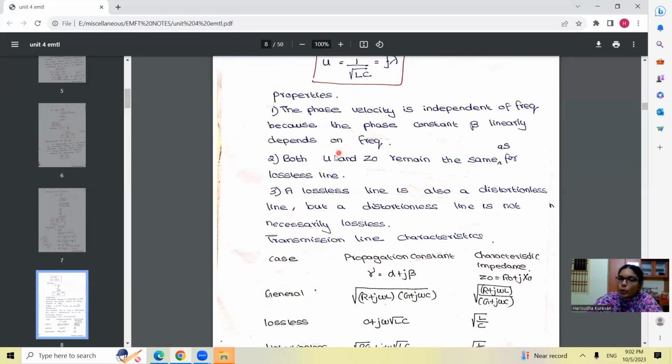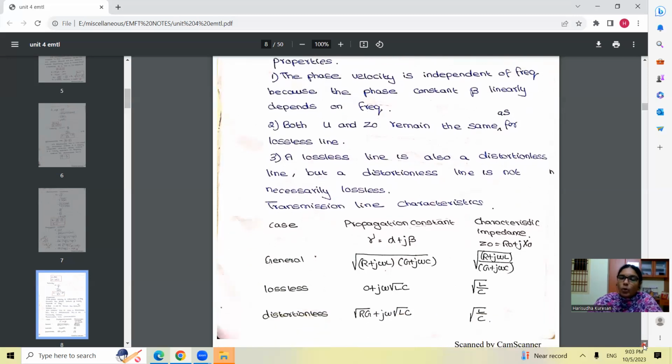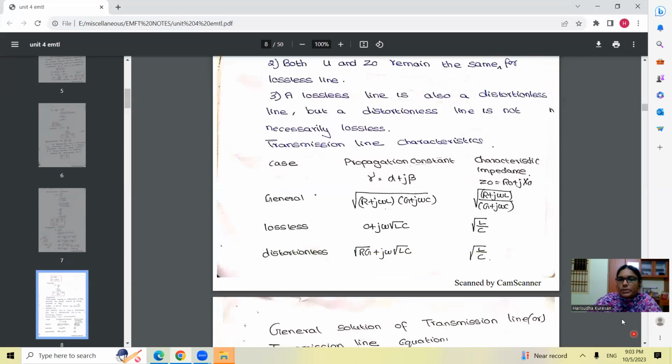And when you see both the velocity and the characteristic impedance of the lossless line and the distortionless line, both the equations will be the same. That is one of the properties. And a lossless line is also a distortionless line, but a distortionless line is not necessarily lossless.